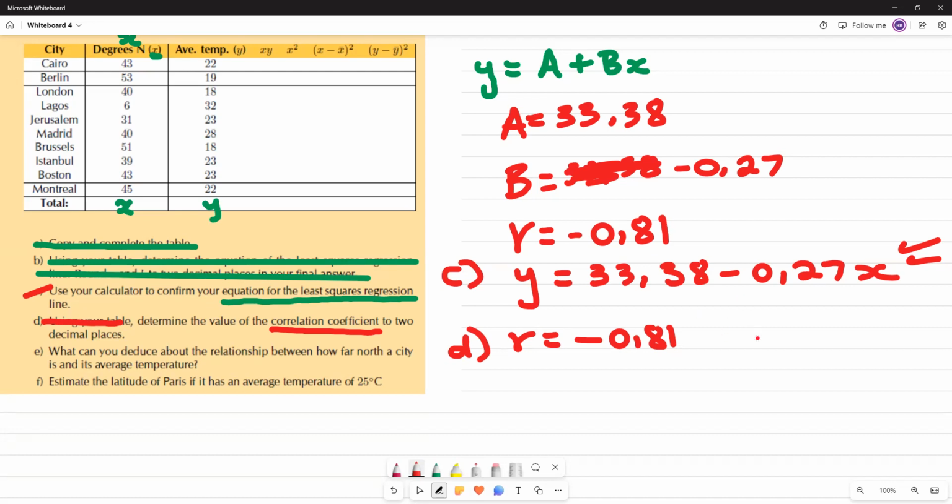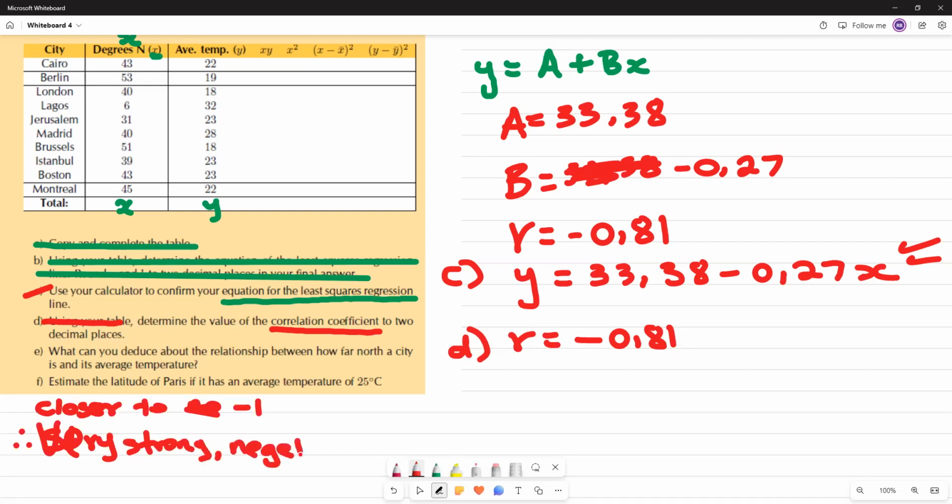There are 3 cases. Ne? Let me write them here. If it's closer to -1, okay, let me just use -1. When you comment, you're just gonna say strong, actually very strong, negative linear correlation.